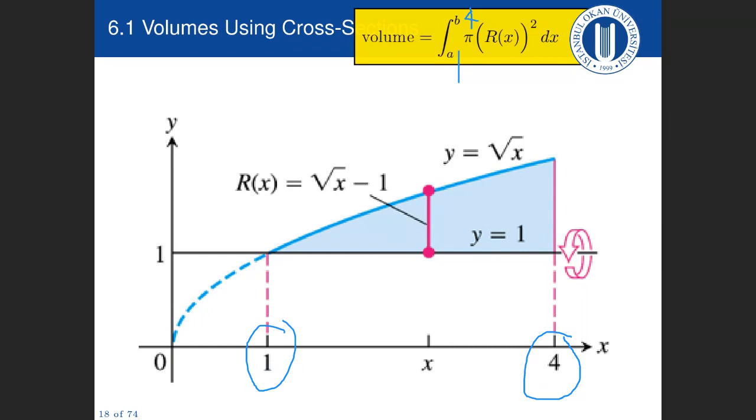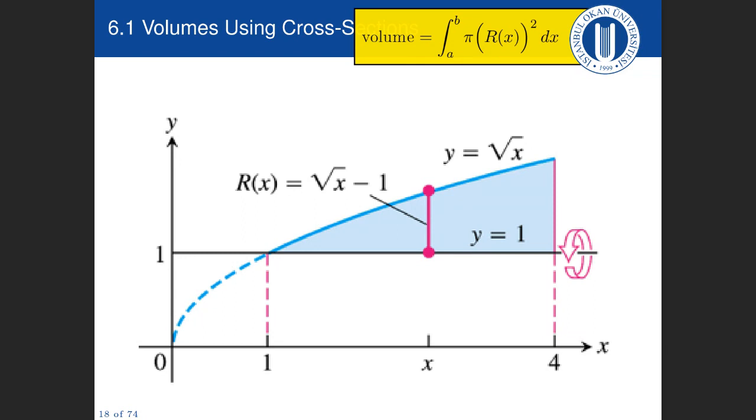And what is our radius? What is the length of this pink line? Well, we have square root of x at the top, and we have 1 at the bottom. So the length of this pink line is going to be root x minus 1. And that's it.